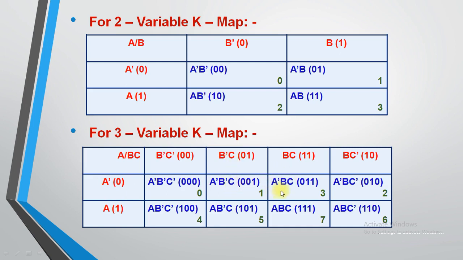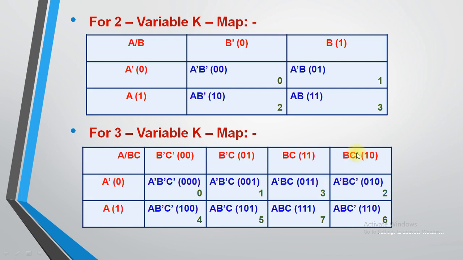Now refer to this particular cell, the value of the first variable is A dash, the value of the second variable is B, the value of the third variable is C. For the next combination, the value of the first variable is A dash, the value of the second variable is B, the value of the third variable is C dash.